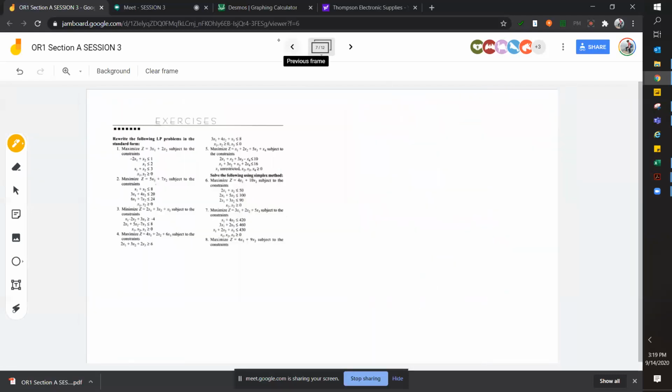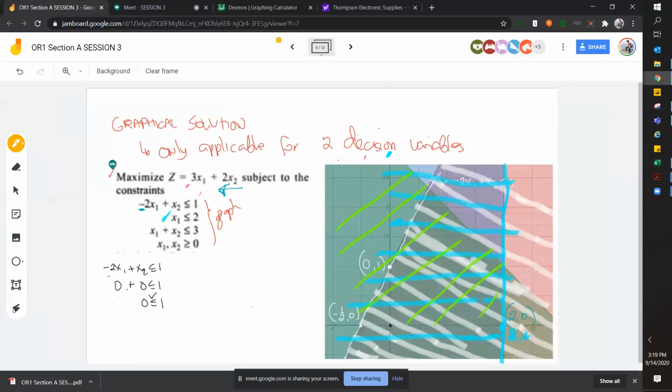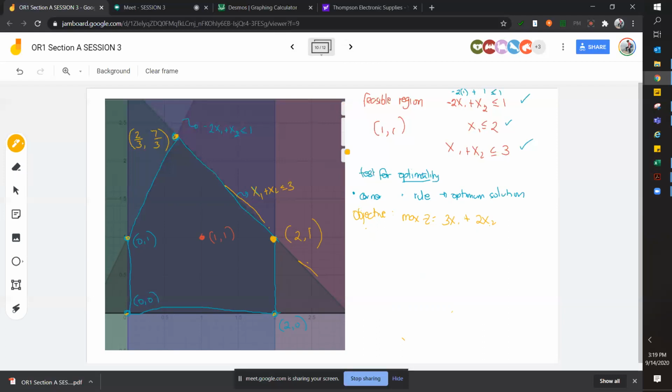Double check lang. Ayun, 3x1, 2x2. Okay, so check natin. So, I'll start with 0, 0. So, lahat ng points parang hanapin ko isa-isa. So, sorry. 0, 0. Table ko na lang para mabilis.